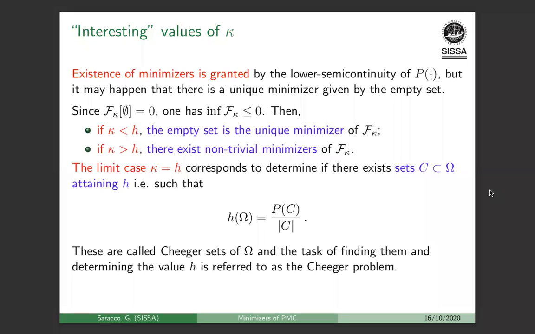Finding this set C and computing the constant h is usually referred to as the Cheeger problem. Now, I hope I made clear that for studying this functional F_kappa, it's important to know the value of the Cheeger constant h, because it tells us whether the problem is interesting or not.